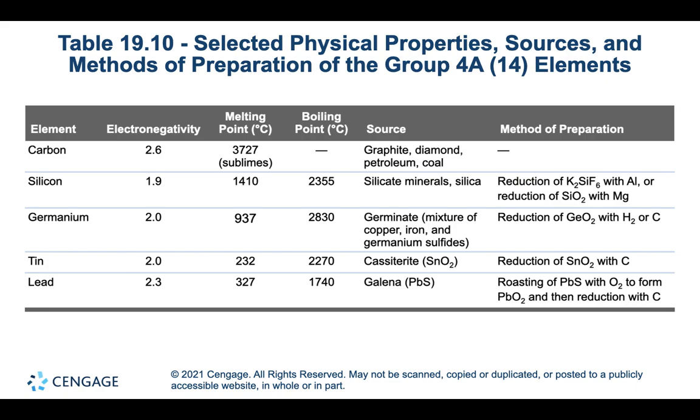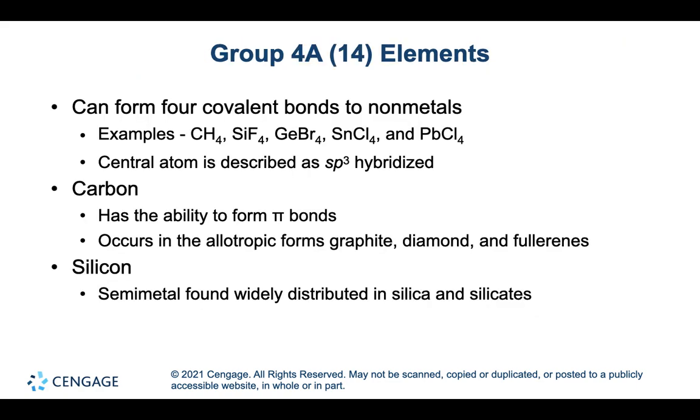Germanium is found in an ore called germanite. Tin is found in cassiterite. Lead, galena. Galena, Illinois is actually an area where lead was mined. And so these are some ways in which you can prepare these pure elements from their compounds.